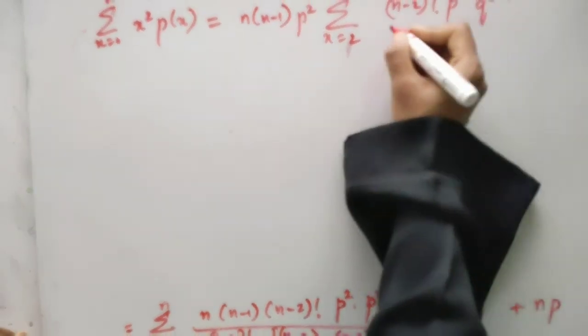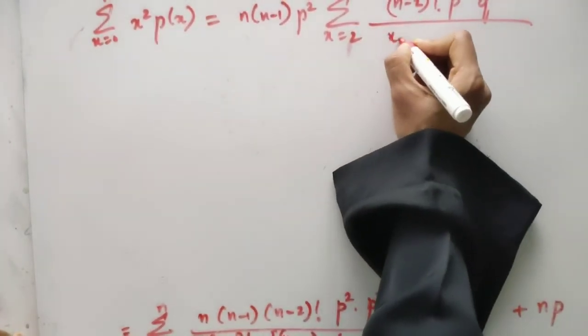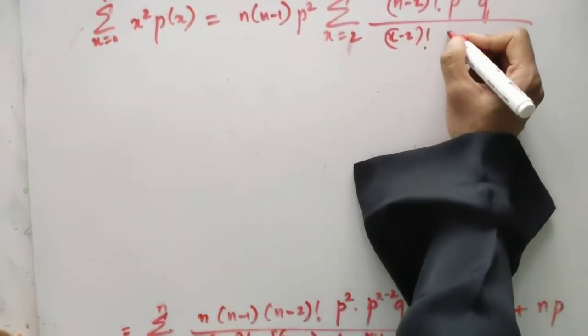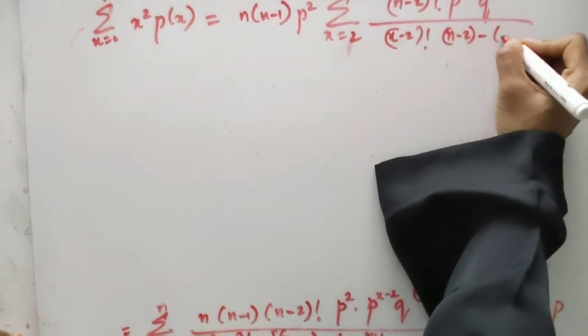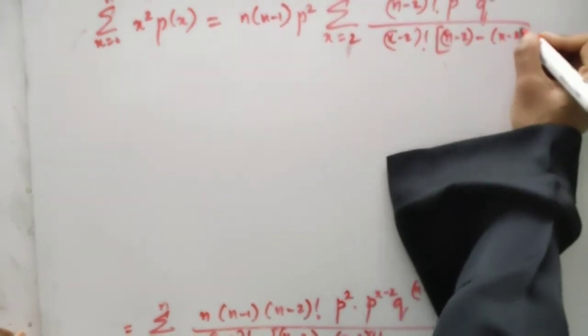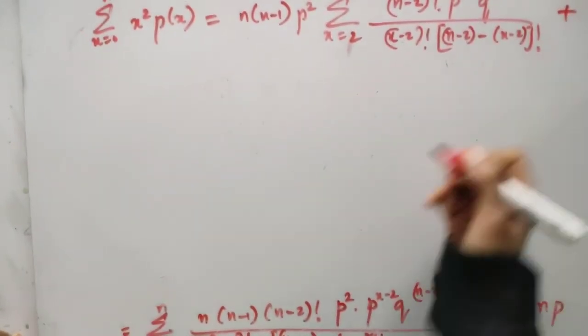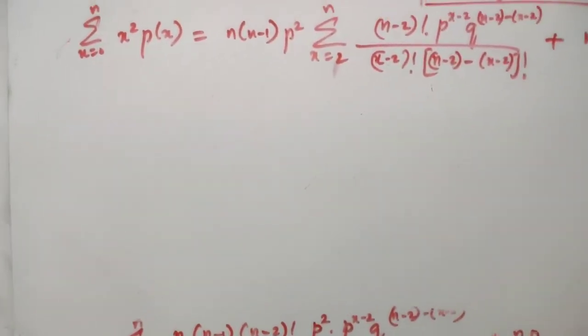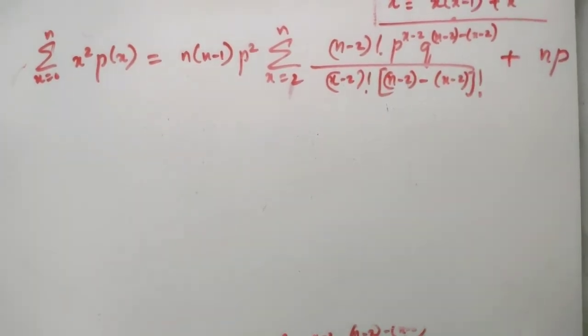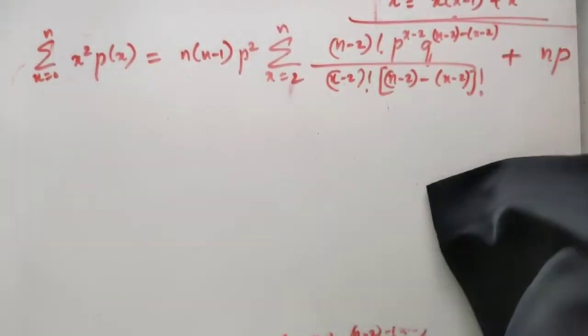Please make a note. That divided by x minus 2 factorial, n minus 2 minus x minus 2, its factorial, plus n into p you had. Just make a note. This is what you had. Okay. So this is different. Don't mix it with that.